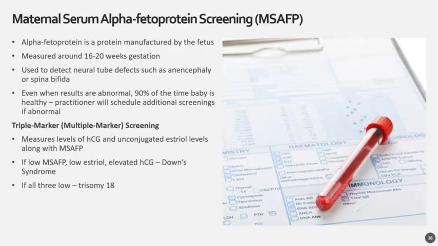Along with the MSAFP, HCG and the unconjugated estradiol levels are measured. A low MSAFP with a low estradiol and an elevated HCG suggests that the baby has Down syndrome. Whereas if you have low levels of all 3, it suggests that the baby may have trisomy 18, which is a more severe and less common chromosomal defect.